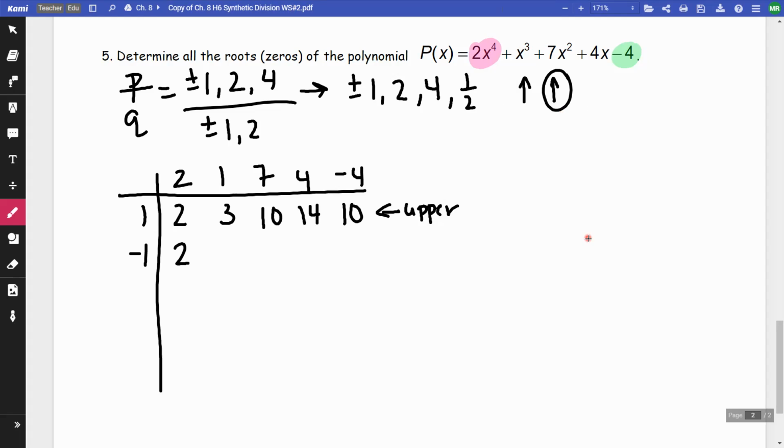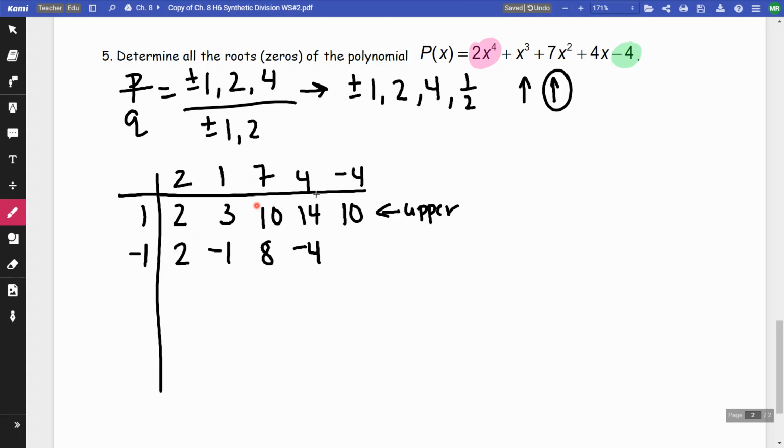Again, bring down that first number, bring down the 2. 2 times -1 is -2. I add it to 1 and I get a -1. -1 times -1 is 1. I add it to 7, I get 8. 8 times -1 is a -8. I add it with 4, I get a -4. A -4 times a -1 is a 4.